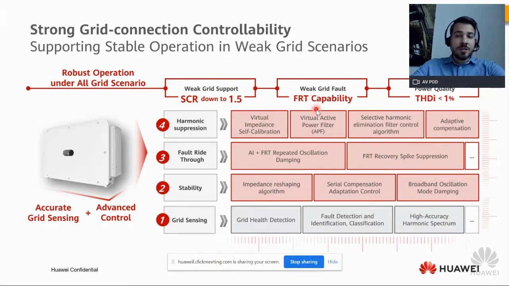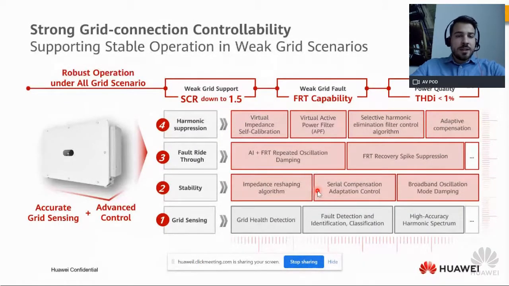It has, as I mentioned, fault ride through capability, and it can support the grid up to 1.5 SCR, which is the short circuit ratio. And these software modulated functions are like virtual impedance calibration, virtual active power filter, or FRT recovery spike suppression. So this is fault ride through recovery spike suppression. These are all the functions which help to establish a safe and good operation for the grid.